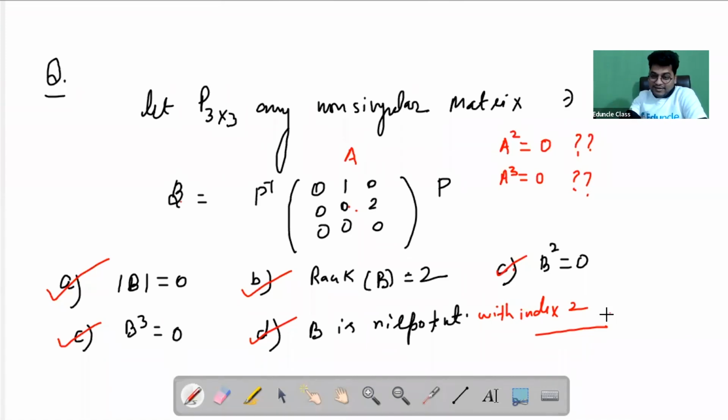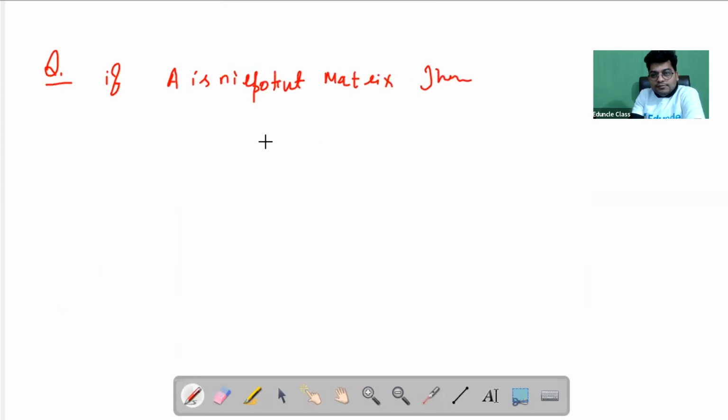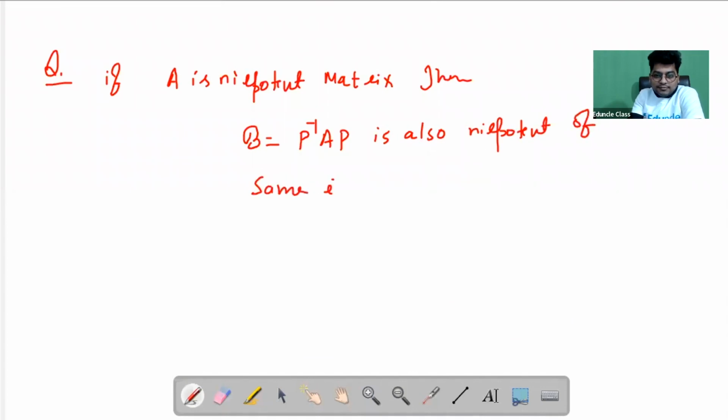Yes. So, can I say one thing? If A is a nilpotent matrix, then B is equal to P inverse A P is also nilpotent, of same index. इंडेक्स भी सेम होगा. यस और नो? इंडेक्स कैसे चेंज हो जाएगा?